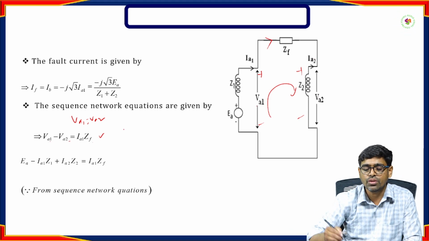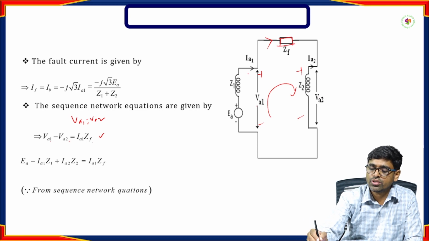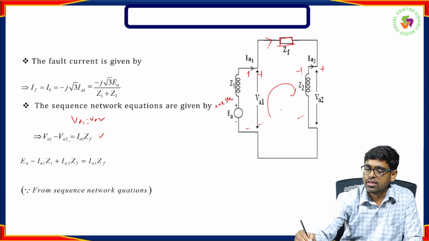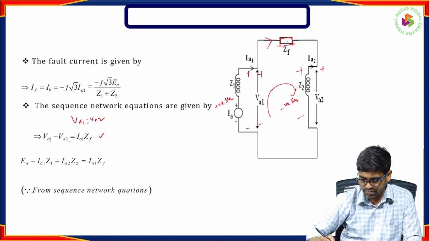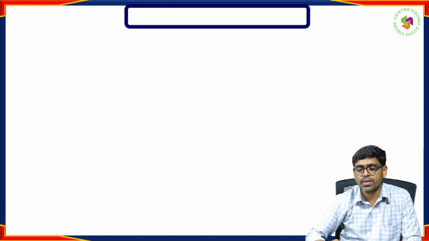This relation needs to be satisfied. The ZF is connected between the positive sequence network and the negative sequence network. Both are connected in parallel with the impedance ZF. From this you can see the equivalent circuit of the generator during a double L fault with fault impedance. We are including the fault impedance.